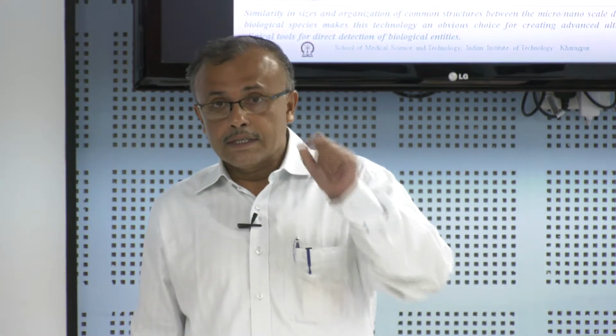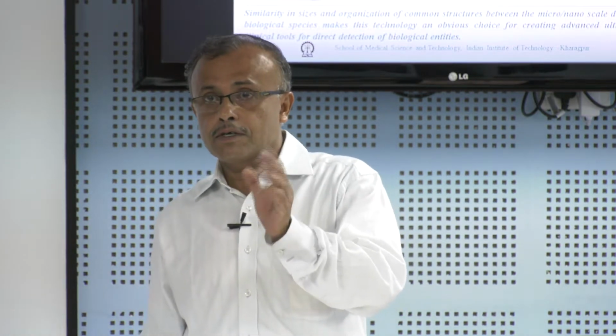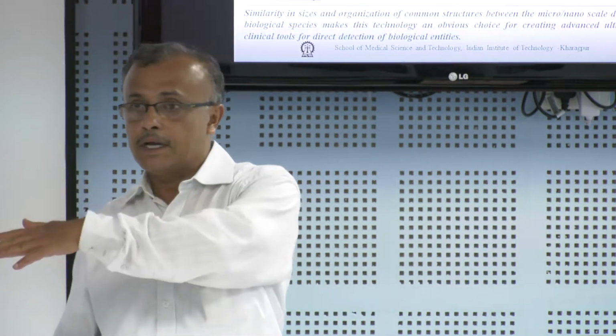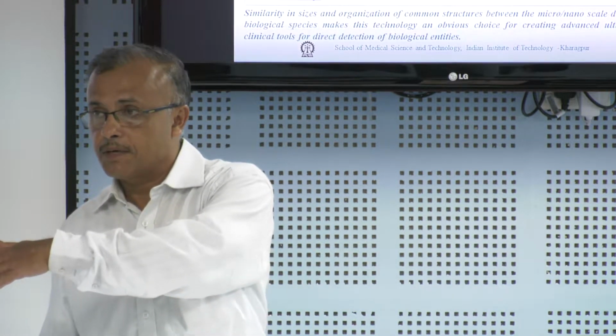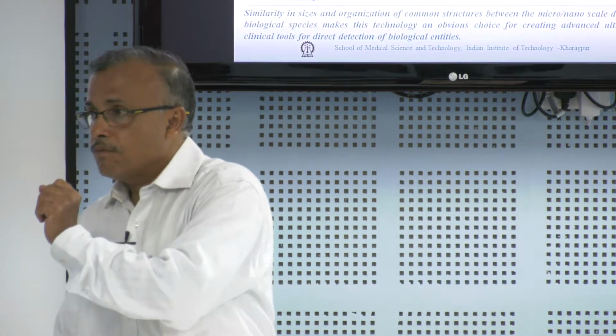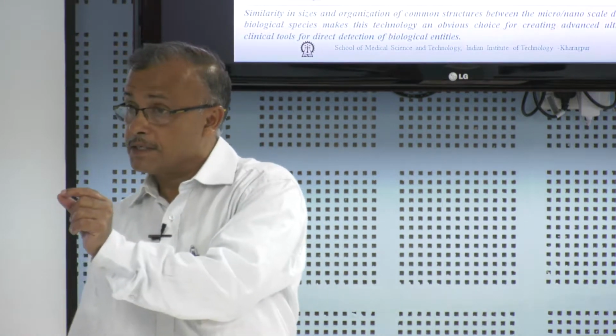So, I have to reduce the wavelength, and therefore it completely switched over from the optical domain to the electron beam lithography domain, because you have a very narrow wavelength which can be useful to get the nanometer dimension of the devices.